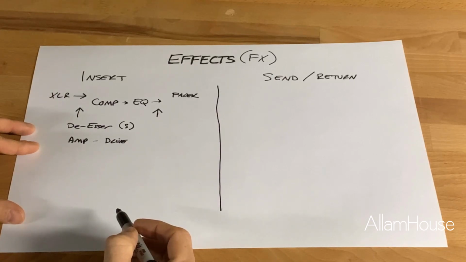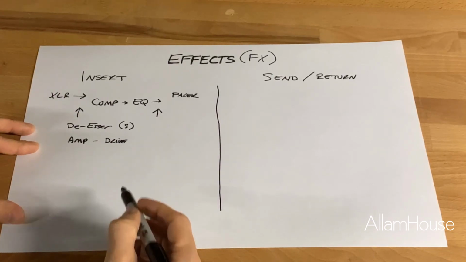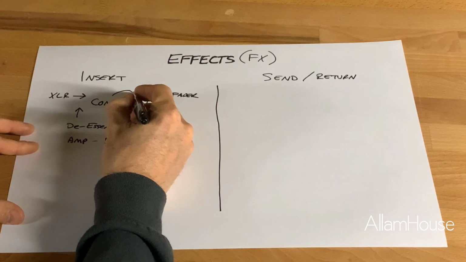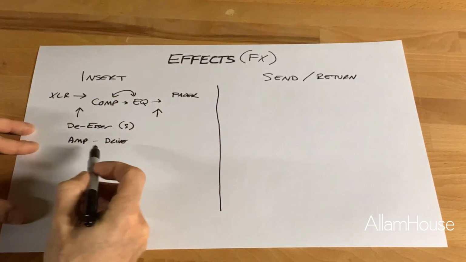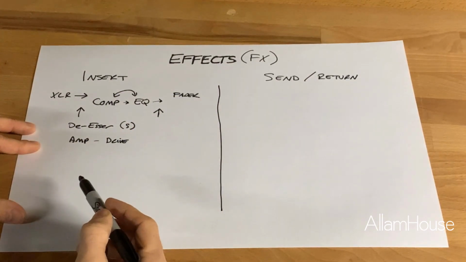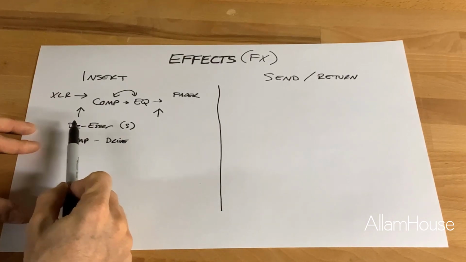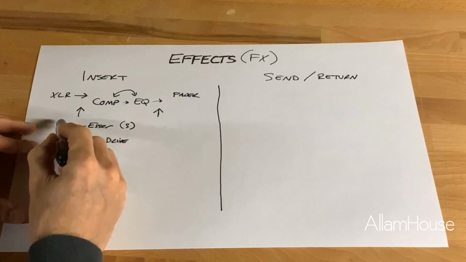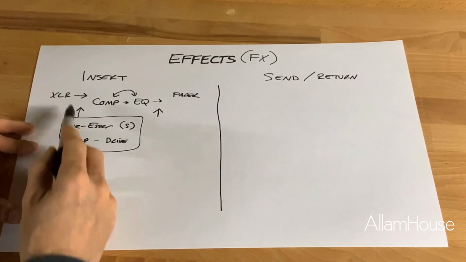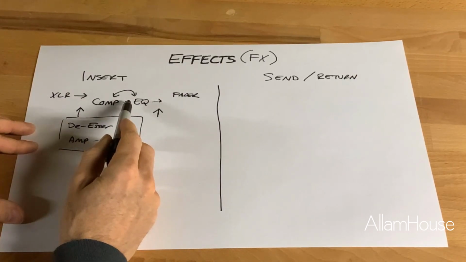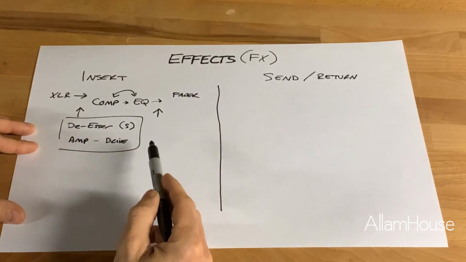Side note, on our channel strip on the X32, you can also decide which of these happens first, the compressor or EQ. That's not the discussion for today, but you've got the ability here to take whatever insert effects you want to do, and you can insert them before the compressor and EQ, or you can do it after.